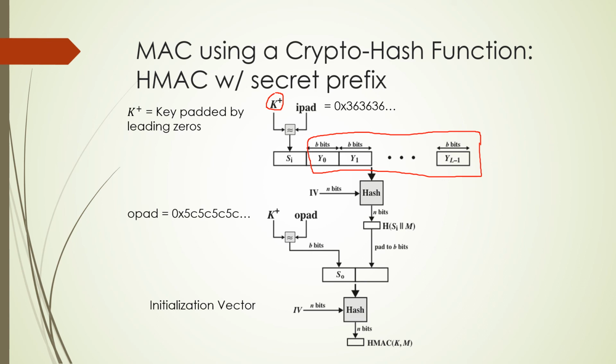So the message was broken into multiple B bit packets, and B is, let's say, greater than the key size that you have. So in order to make the key long enough so we can work with it, we add some leading zeros. So K plus is basically the key padded by some leading zeros, so that the total length becomes B.